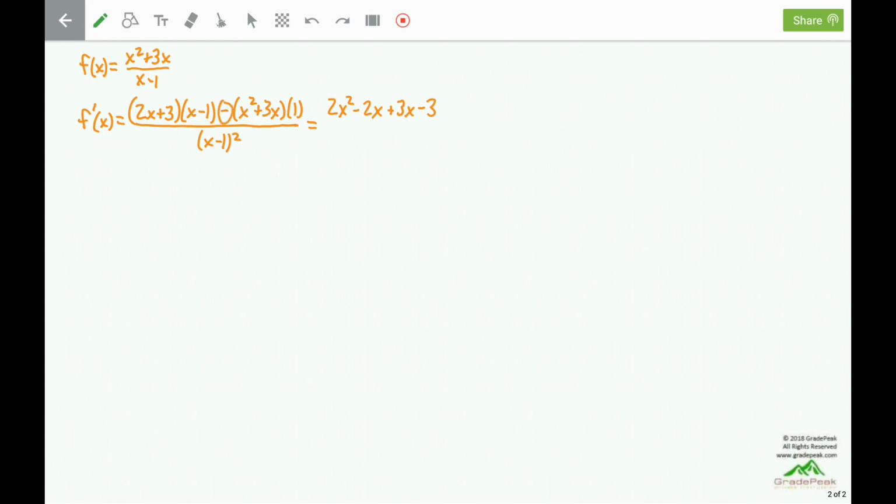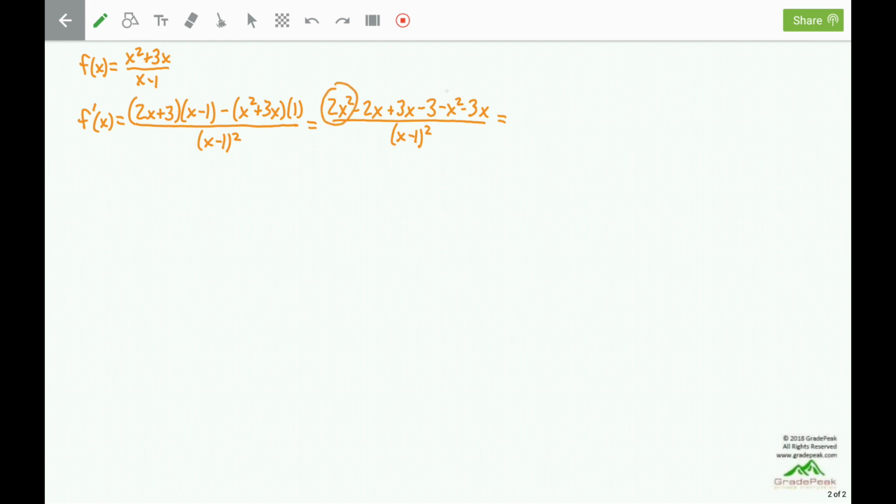And we can distribute a negative 1 into this expression, which will give a negative x squared and then minus 3x. All of this is over x minus 1 squared.